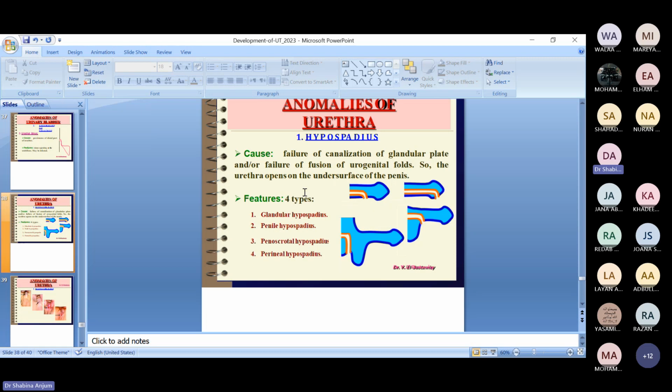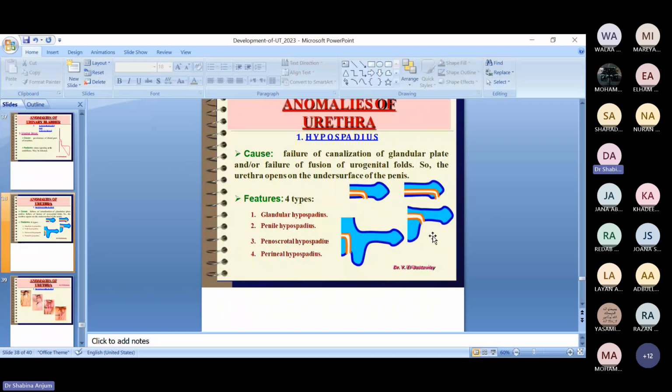The urethra is opening at many different positions. Here you have glandular hypospadias, penile hypospadias, penoscrotal or perineal. Here, the last one, you can see is opening into the perineal region. It has not reached the penis at all.